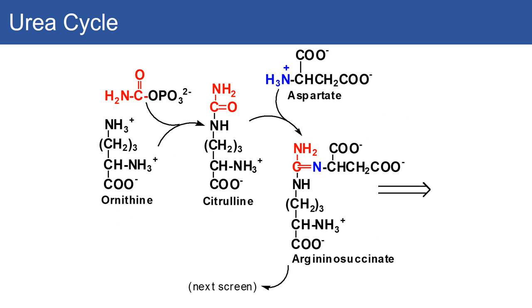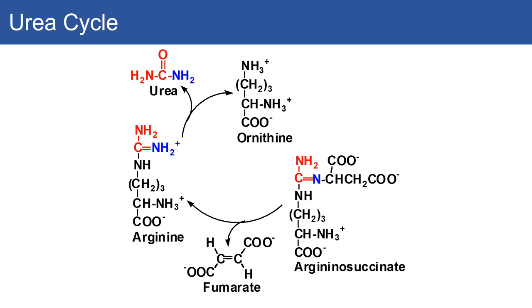Here you can see some specific reactions where we go from ornithine to citrulline, where we transfer that phosphate group that gives it the power. That power then allows the transfer to occur, where aspartate gets converted to argininosuccinate. Argininosuccinate then releases fumarate to go to arginine. Arginine then gets cleaved to urea, and the products are urea and ornithine.